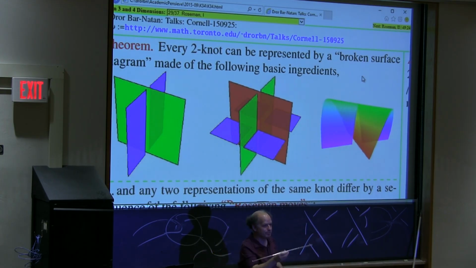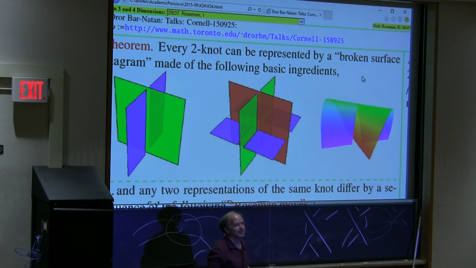So as a movie, it will be a movie in which a straight line moves. How does it move? Well, it moves up, turns 90 degrees, and moves down. And of course, you can do it completely smoothly. It moves up, and as it turns, it moves down back again. So that's the funny thing.